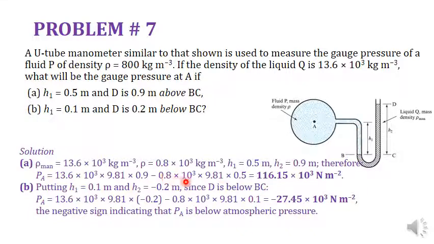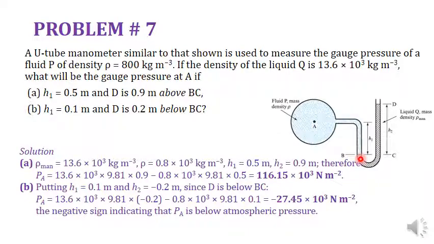So it will be 0.8 into 10 raised to power 3 into 9.81 into 0.5, where 0.5 is H1. So you need to input the H1 value over here, and the H2 value for the manometric fluid. If you subtract both, you come to point A. Starting from here, this pressure intensity coming up minus this pressure intensity, and you will be here at point A.